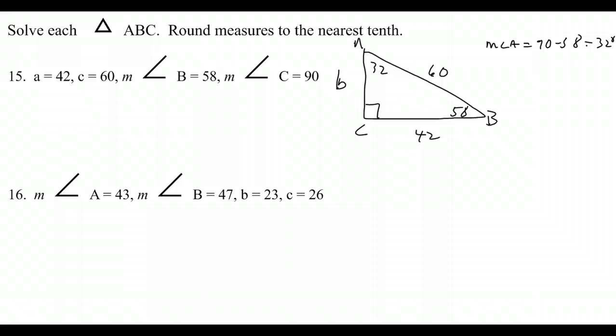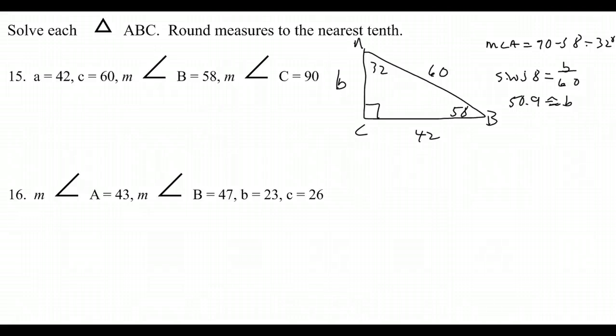Since it gave me 58, I'll use that. So the sine of 58 is equal to B over 60, and therefore B is approximately equal to 60 times the sine of 58, which is 50.2.